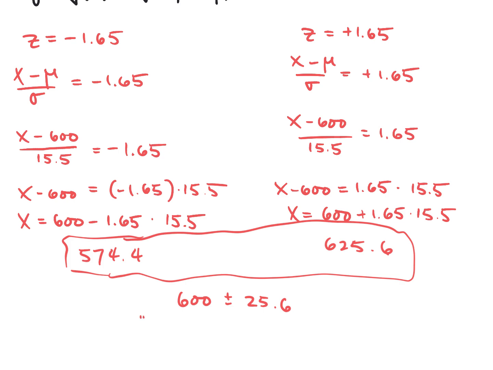And they could say that they are 90% confident with that prediction. Again, this is going to link to things like margins of error and what we call confidence intervals for estimates.